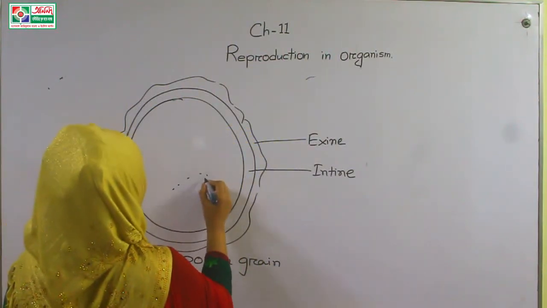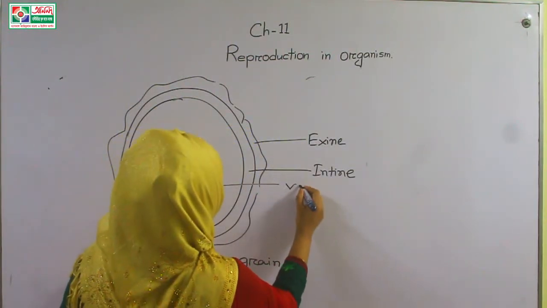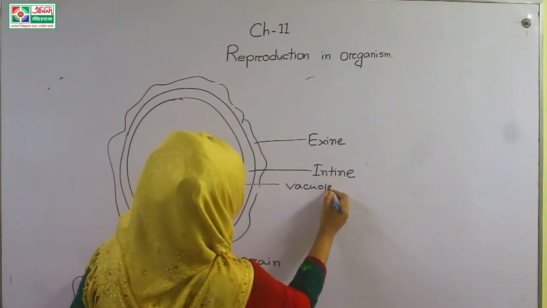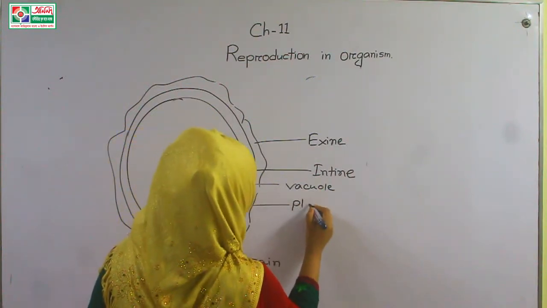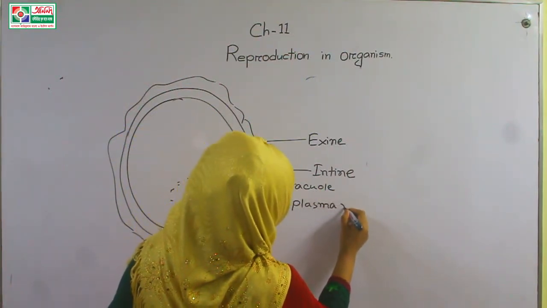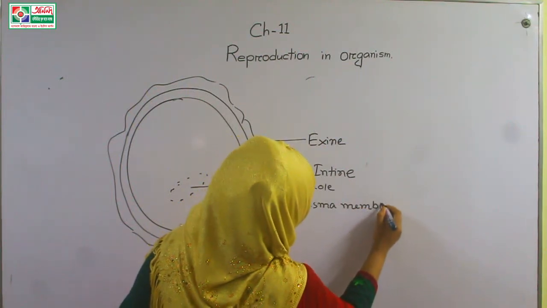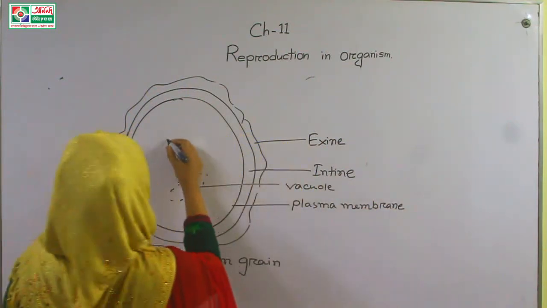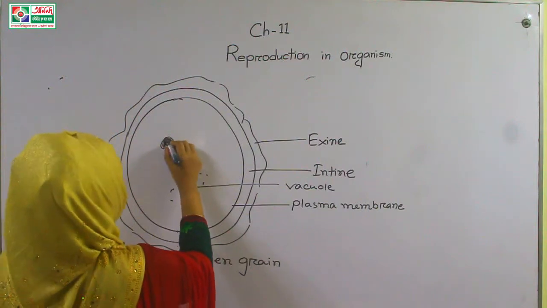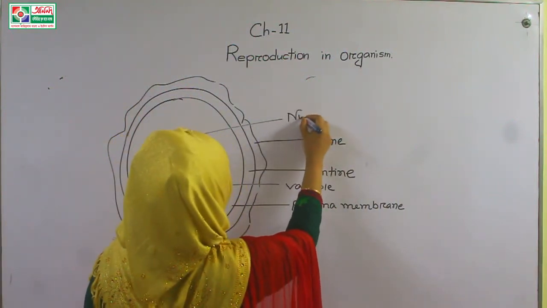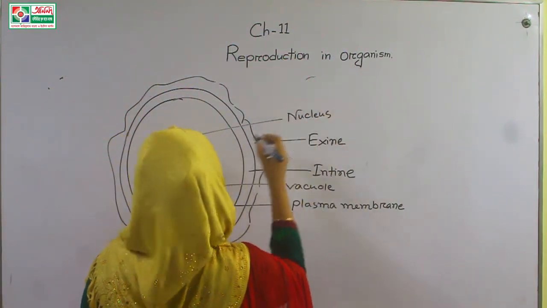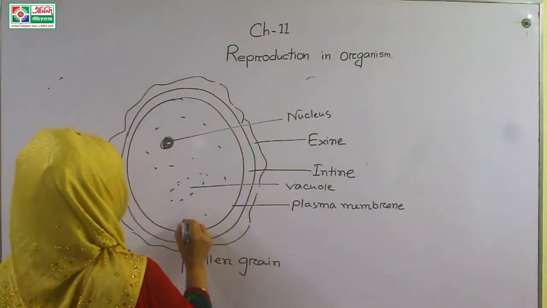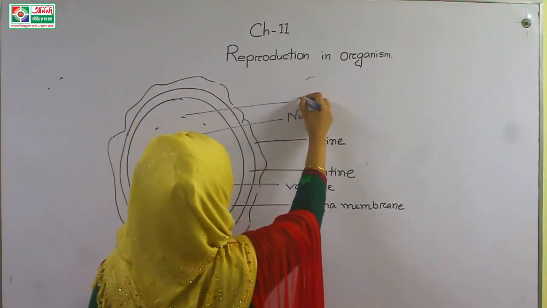This one is the vacuole, this one is the plasma membrane, and the nucleus and cytoplasm.